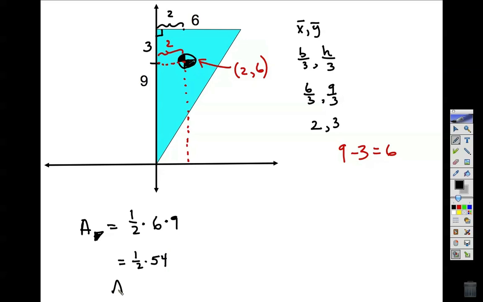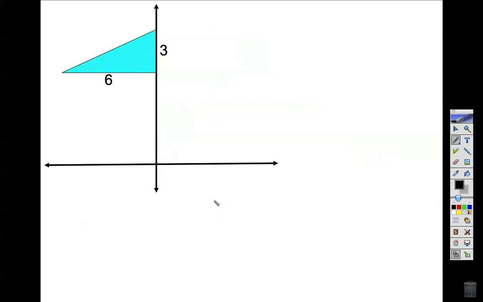Times 1/2, so the area is equal to 27 units squared. Keep this one in mind right here, and these two xy's. Okay? Next simple shape.